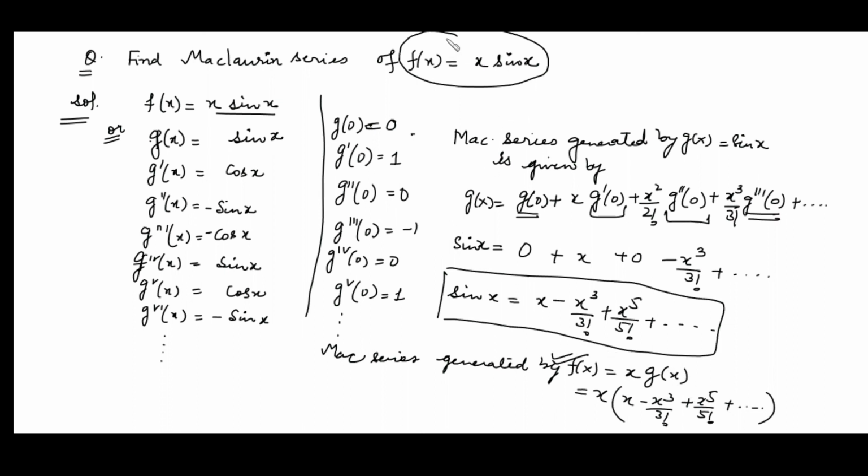You can calculate f prime x, f double prime x, f triple prime x, and then you can find out its value at 0, and then you can substitute in the formula, and then you can get the Maclaurin series generated by this function. Or you can split into 2. You can consider this as a new function g(x). You can find out the Maclaurin series for this, and then you can multiply by x.